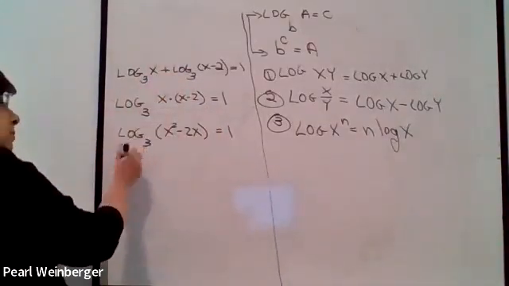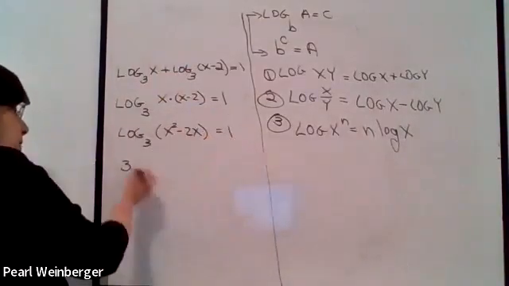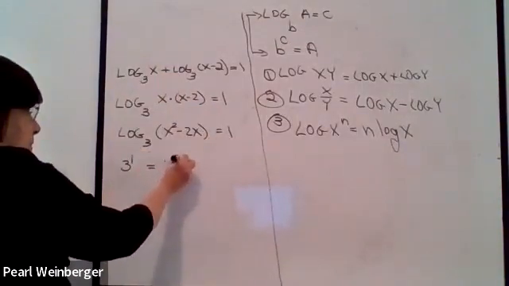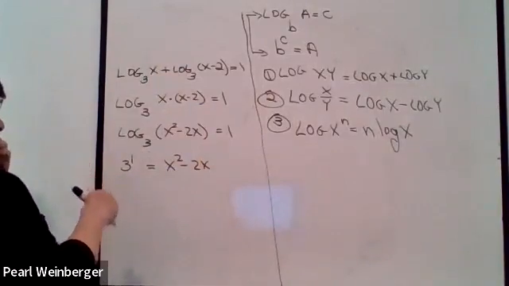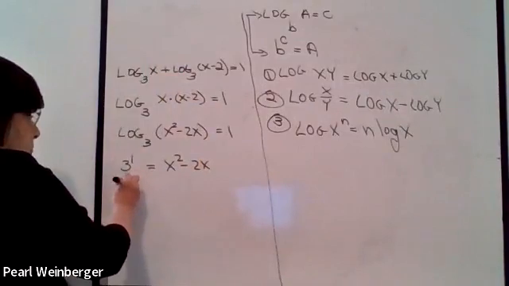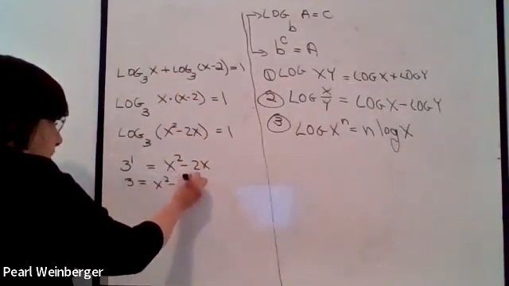My base here is 3, so I'm going to do 3 to the exponent, the number on the other side, which is 1, equals x squared minus 2x. And of course, this 3 to the 1 is just 3. So what I have is 3 equals x squared minus 2x.